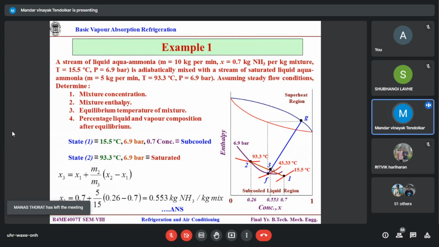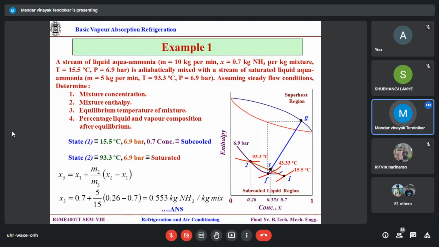Offline, yours is done. Now what you have to see is 6.9 bar. Your state 1 and state 2 both are 6.9 given. So mixture is 6.9. Now you try to locate the 6.9 bar line and find out whether 0.3 is above 6.9, below 6.9, or on 6.9 bar.